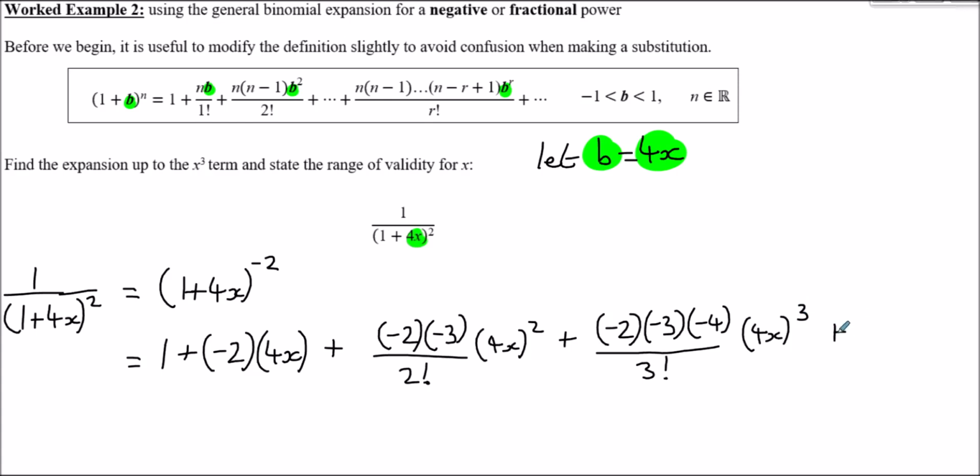Also, that's going to go on and on and on. But because these terms will reduce in value, we can get an approximation by just taking these first 4 terms. So we can say that's approximately 1 minus 2 times 4x, that's going to be minus 8x.